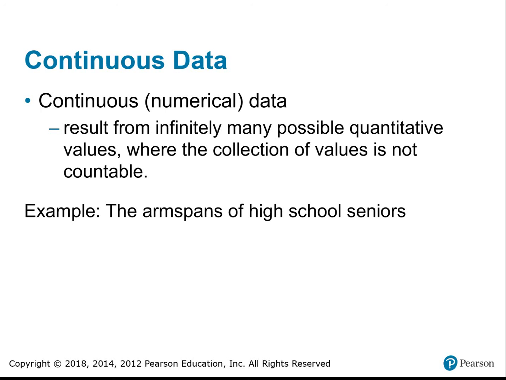It could be anywhere on a spectrum. Or if you're measuring height, babies start off generally around 20 inches or so, and you grow gradually, hitting all of the possible values until you reach your final adult height. You're generally around 5 or 6 feet tall. So continuous data is when we have a range of values, and it could be any number on the spectrum, whereas with discrete data, we have a finite number of choices. It cannot be any number we think of.